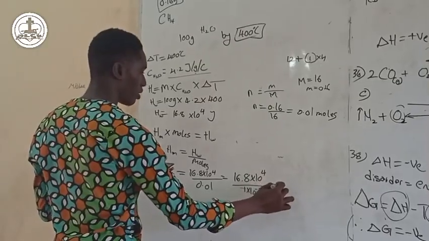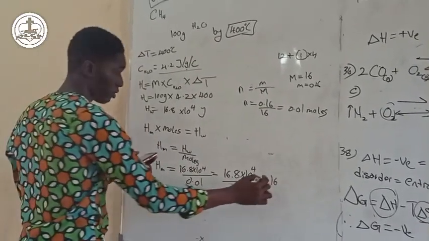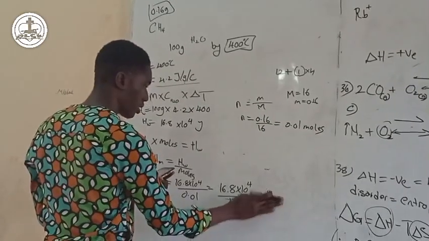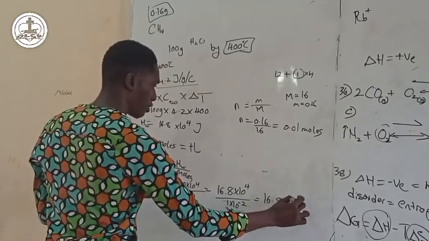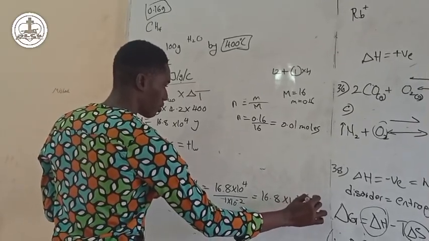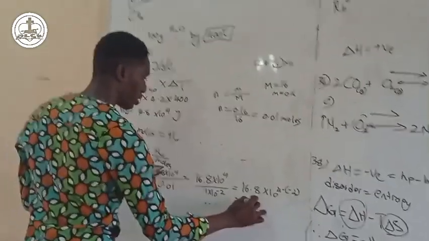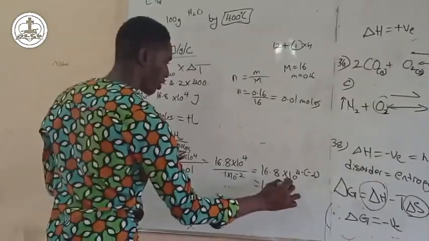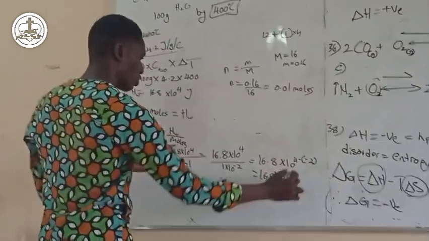So 16.8 divided by 1 gives 16.8 times 10 raised to the power 4 minus 2, which is 16.8 times 10 raised to the power 6 joules.